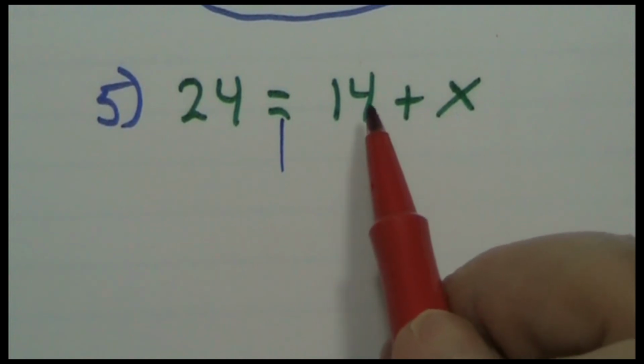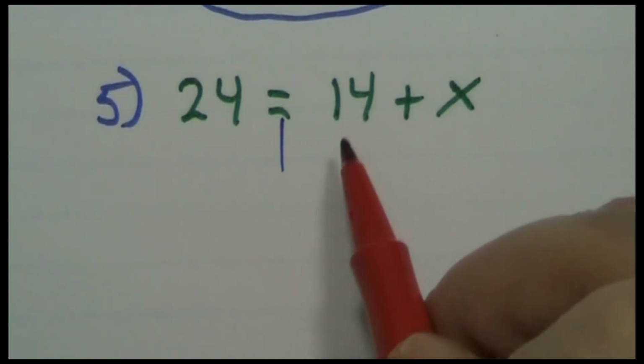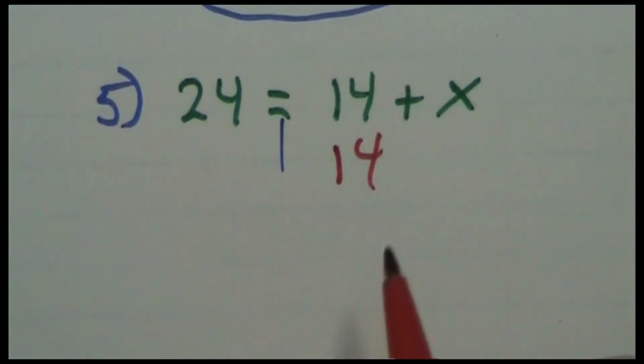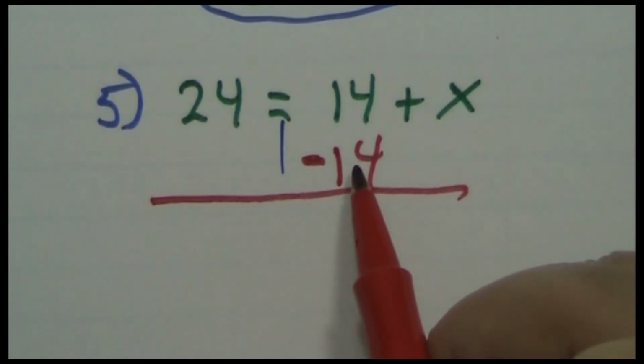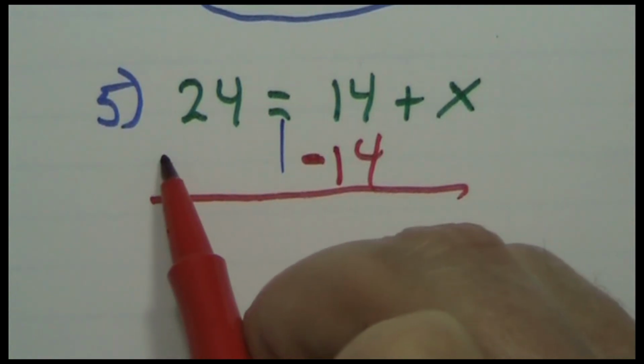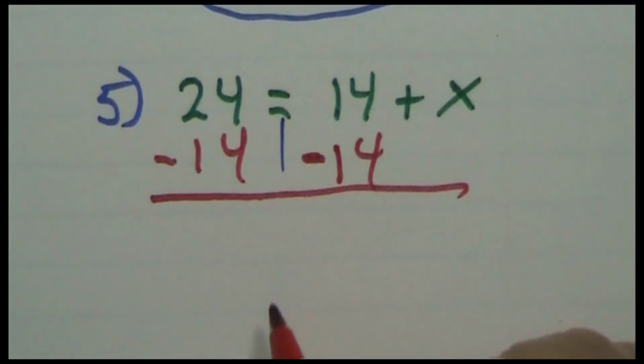Get rid of 14. Now, do I add 14 or do I subtract 14? Subtract 14. Well, if I do that here, I need to do it to the other side. You have to keep it all balanced.